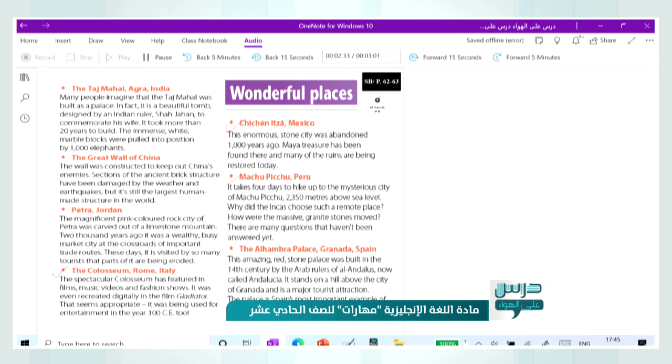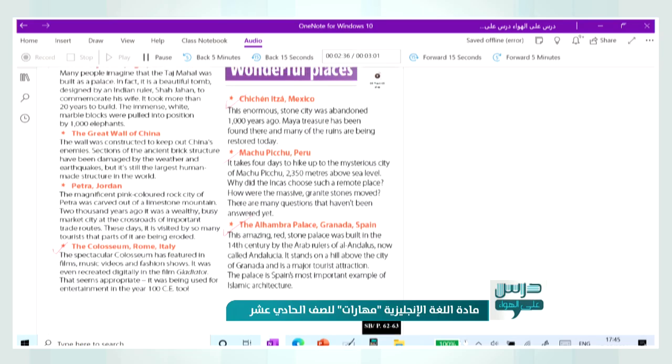The Alhambra Palace, Granada, Spain. This amazing red stone palace was built in the 14th century by the Arab rulers of Al-Andalus, now called Andalusia. It stands on a hill above the city of Granada and is a major tourist attraction. The palace is Spain's most important example of Islamic architecture.